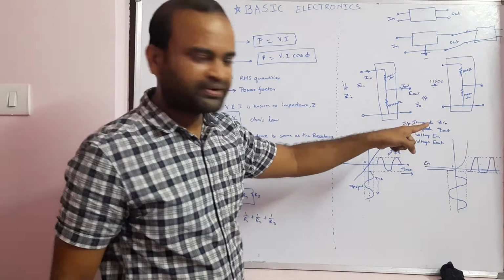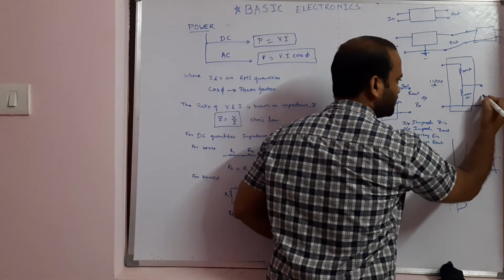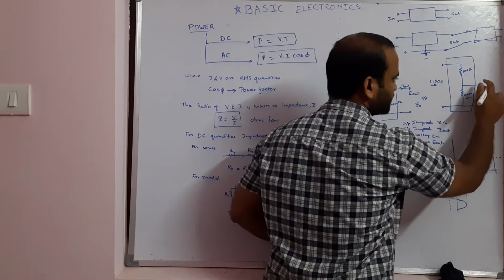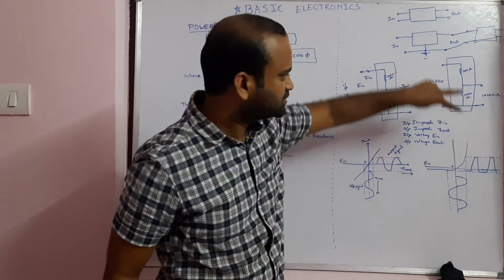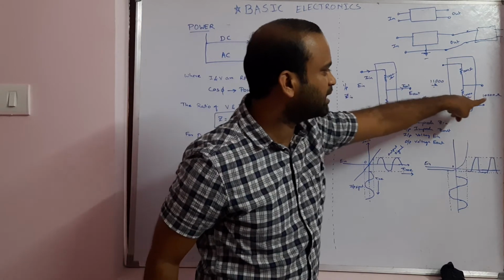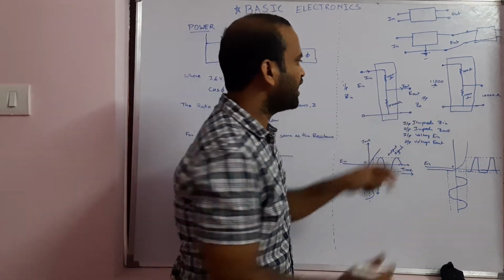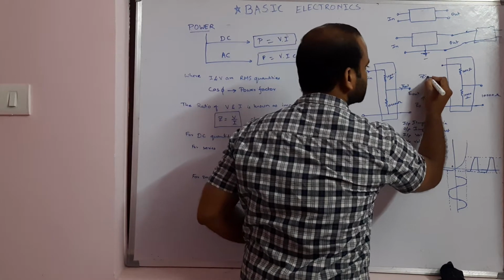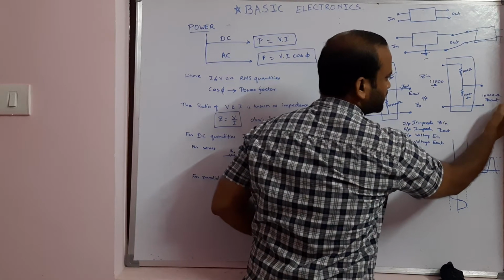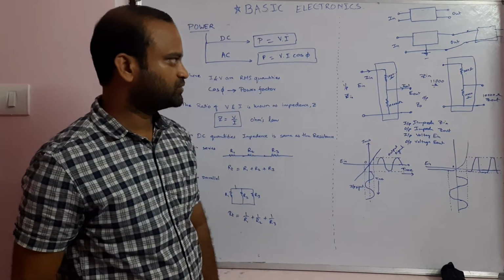And our output impedance is 10,000 ohms. Since we are looking at the output resistance across this resistor, the same resistance value will appear at the output. So now we have input impedance as 11,000 and output impedance as 10,000 ohms.